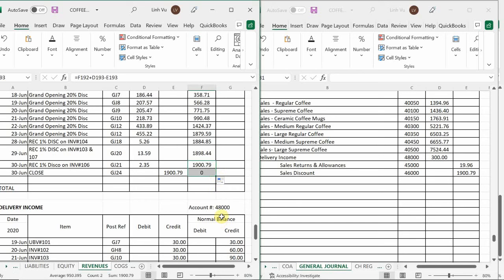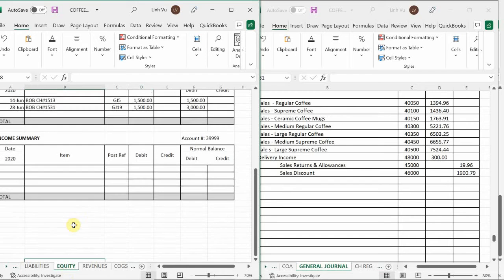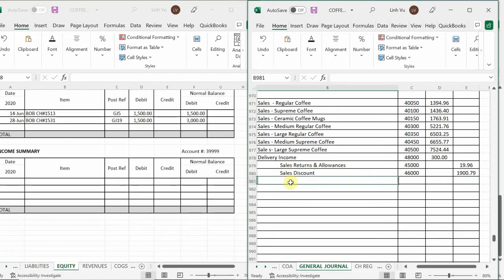Okay. And of course, last but not least, the account I am going to be crediting at the end of the day is my account called the income summary. And that is account number 3,999.